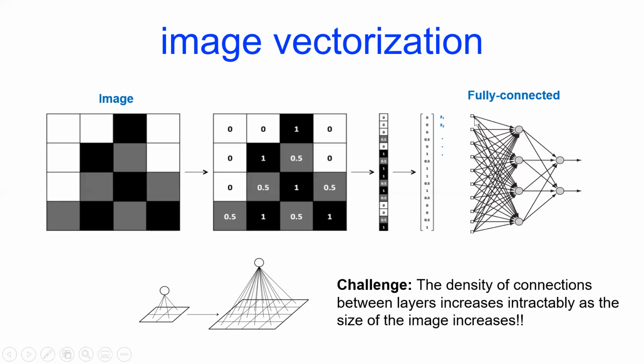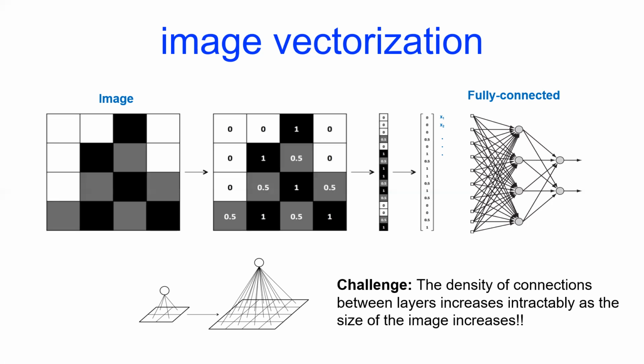Basically, each pixel is associated with many weights. If you have, let's say, 4 latent nodes in your first layer, then each pixel will have 4 weights, right? If you have a super tiny image, then this is okay.